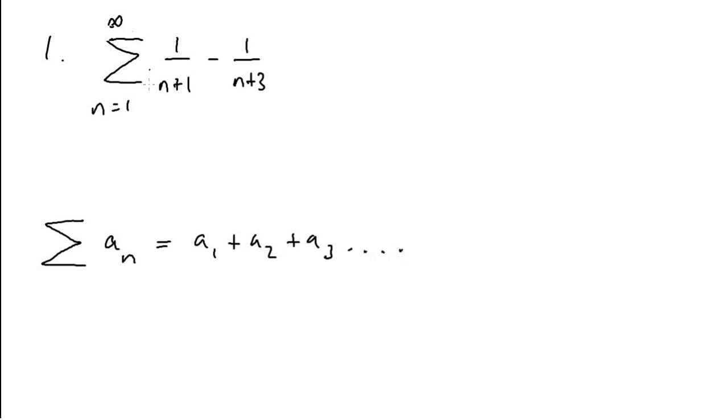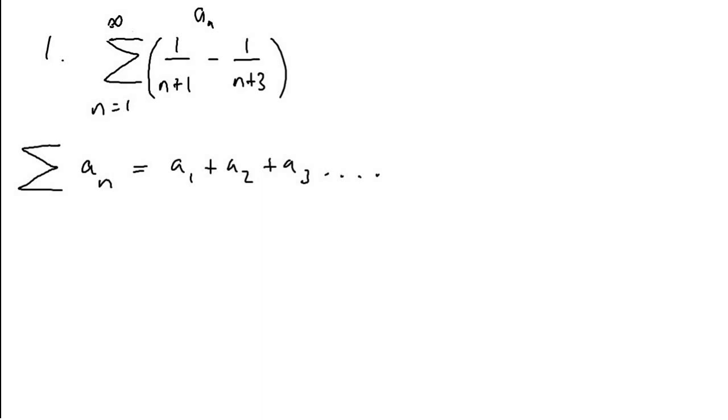So if these two fractions combined are our a sub n, then we're just going to take the first term when we plug in 1 for n, plus the second term, plus the third term, and so forth. And you'll end up realizing that there's a pattern. So let's just start off by plugging in 1, since that's our bottom bound, for n.